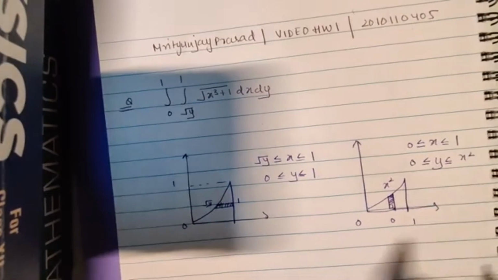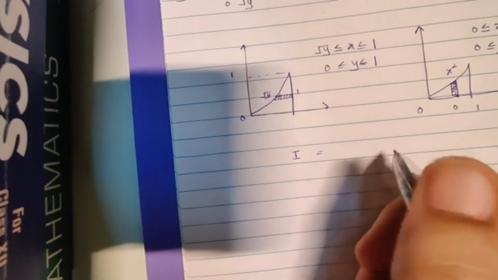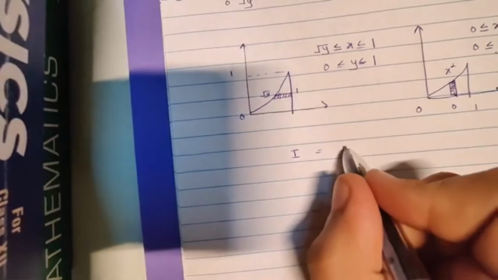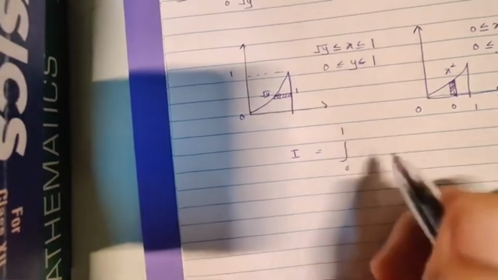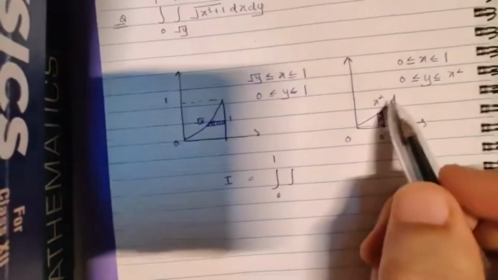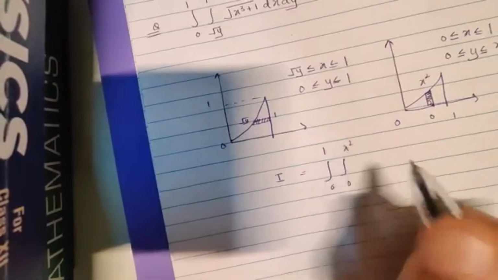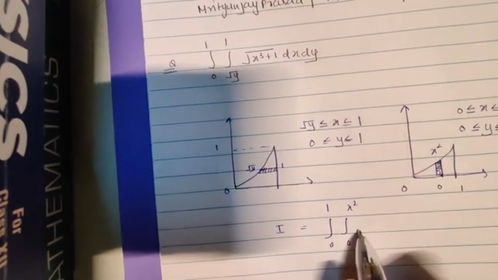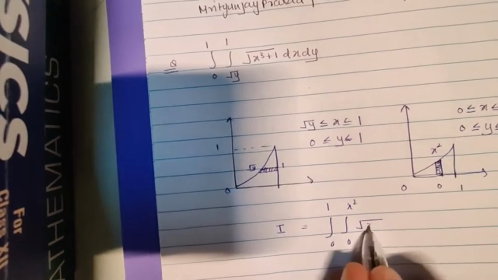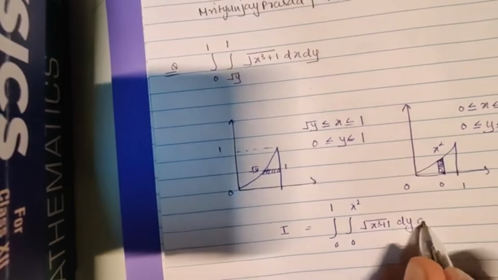Now just rewrite the above equation, which is now the integral of 0 to 1. Then from here we get the new limits, which is 0 to x square, and the rest remains the same, that is x cube plus 1 dy first and then dx.